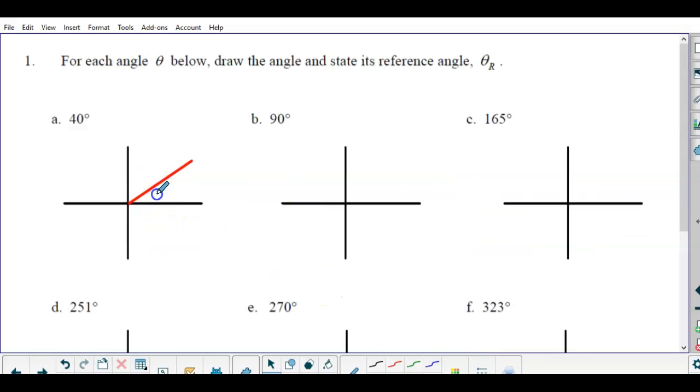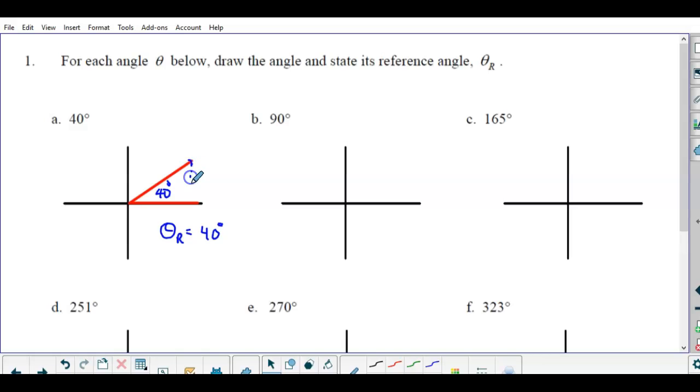There's your terminal arm, I'll put an arrow on the end. Your initial arm is on the x-axis. And that's the angle formed. For anything in the first quadrant, the reference angle is the same. So theta reference is also 40 because that's the angle formed with the x-axis.